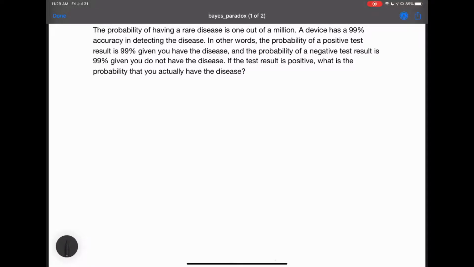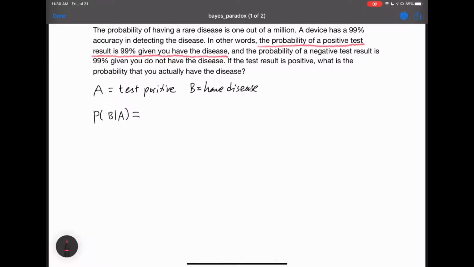Let's first define the events. Let A equals test positive. B equals have the disease. What we try to calculate is the probability of B given A. Let's first check what we know. So we know that the probability of a positive test result is 99%, given that you have the disease.